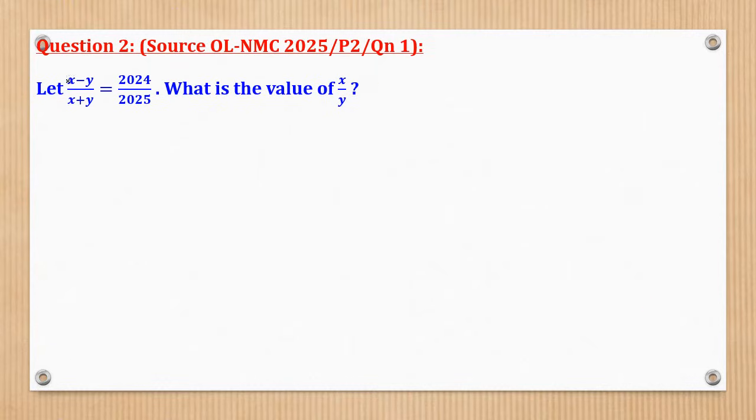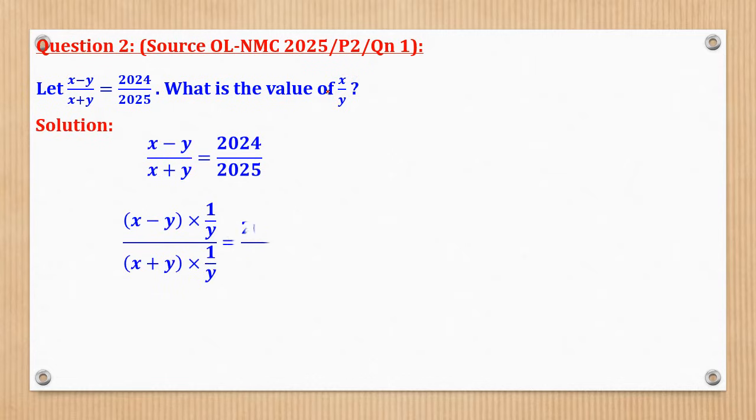Then question 2 says, let this be equal to this. What is the value of x over y? So we are given that for us to get x over y, we have to introduce an innocent expression. Multiply both numerator and denominator by 1 over y. In other words, we divide by y, both up and down.